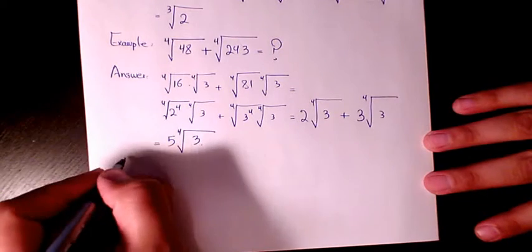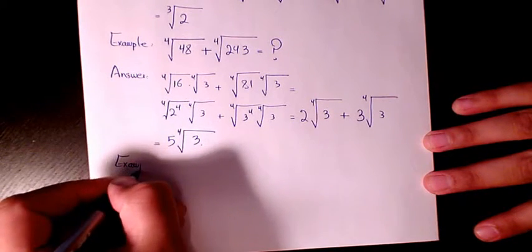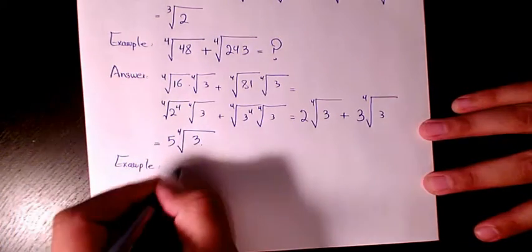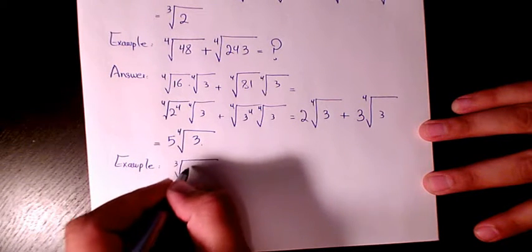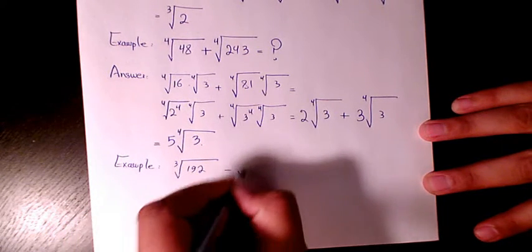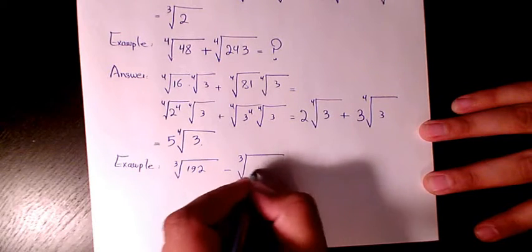Another example. Third root of 192 minus third root of 81.